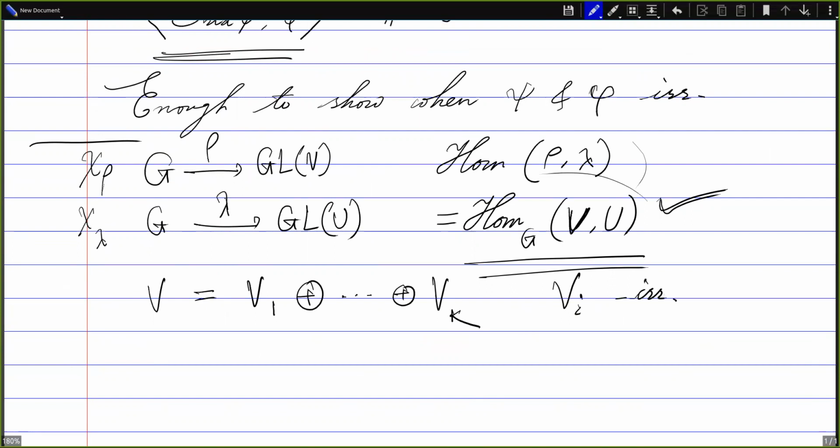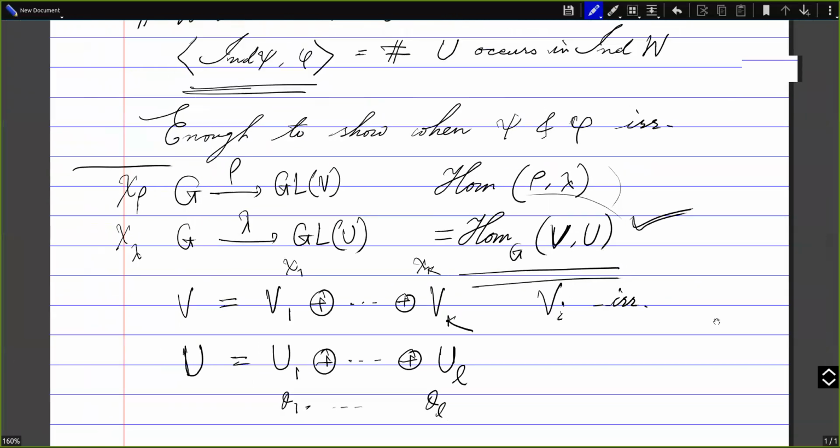Please do not confuse that with the canonical decomposition. Here I am just decomposing in terms of irreducibles. Similarly, we can decompose U as a direct sum of irreducibles U1 up to Ul. Let chi1 up to chik be the characters of V1 up to Vk respectively, and theta1 up to thetal the irreducible characters of U1 up to Ul respectively.